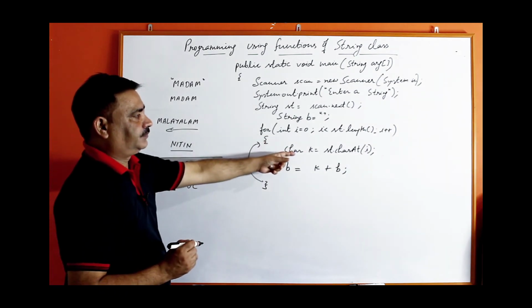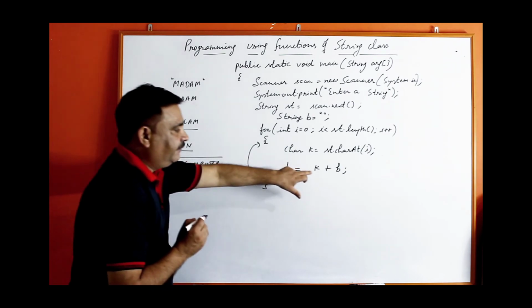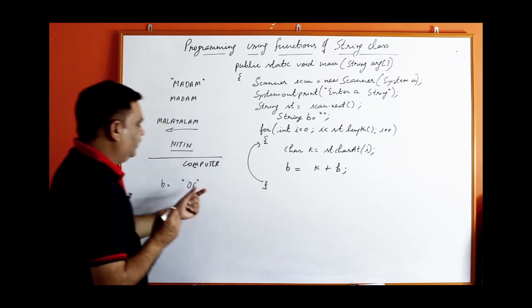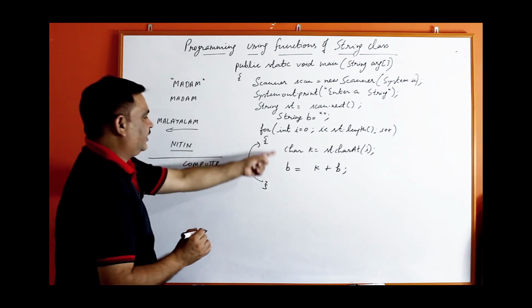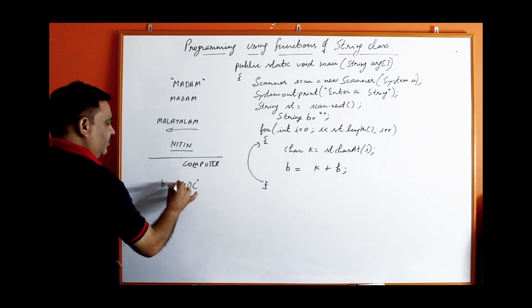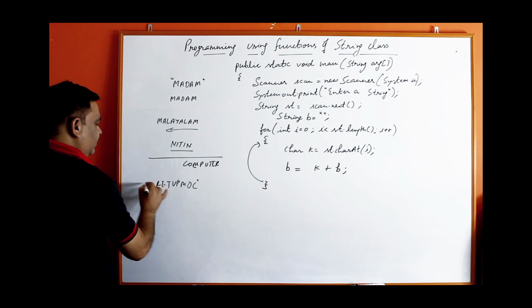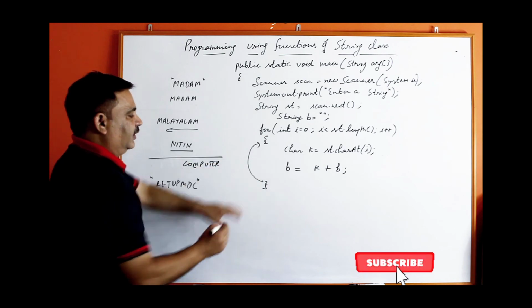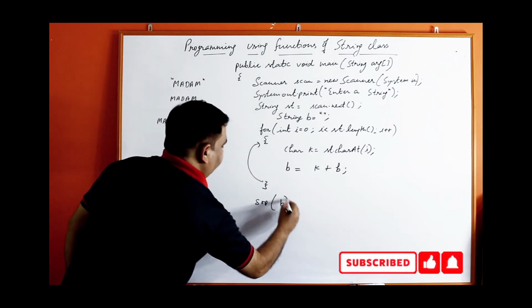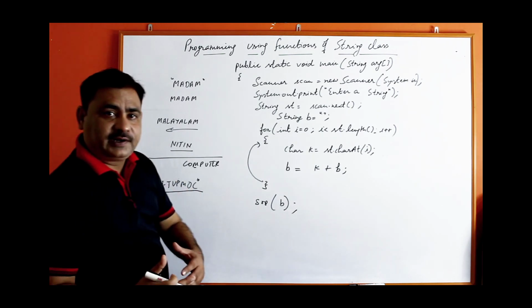Third time, next character M will be extracted and will be joined before the value of b, and value of b is OC. So M will be joined here. Same way next character P, and P will join before this. In such a way all the characters U, T, E, R, and after completion of the loop, when you print here and check, it will print the reverse of the word computer.